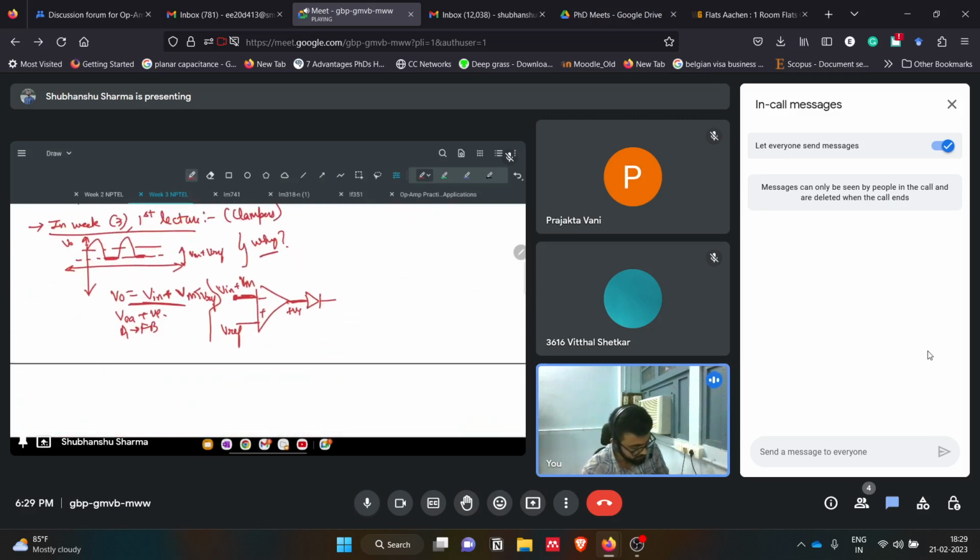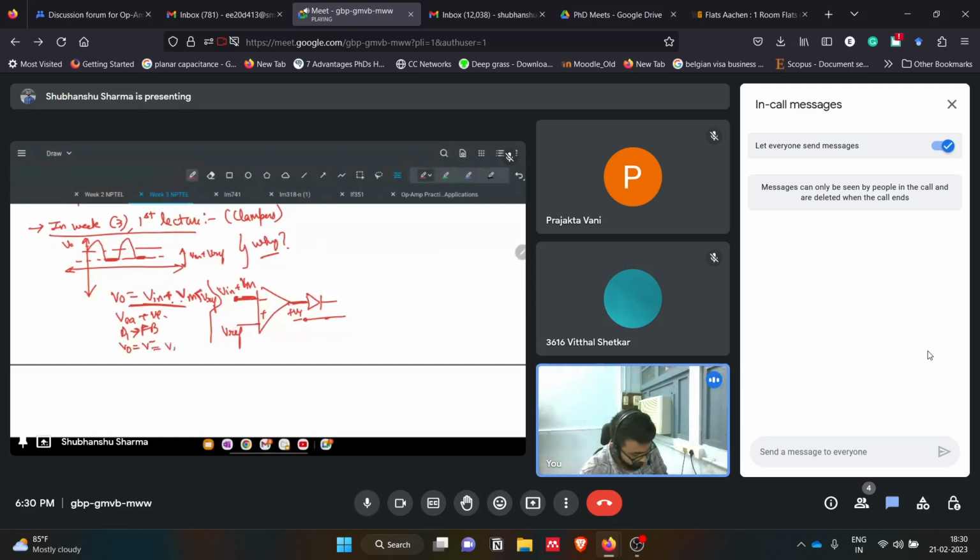But in this case, since D1 becomes momentarily forward biased when V in plus Vm becomes less than Vref, at that moment, what happens? If it becomes forward biased, it will act as a voltage follower, and our output, which is V minus, will become Vref. So there will be a virtual short, and this whole thing will be equal to Vref.